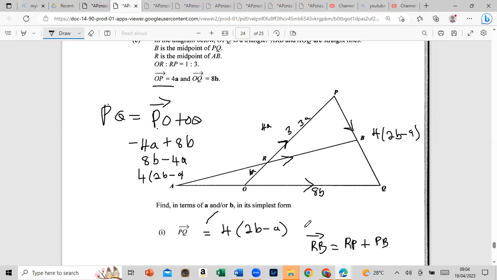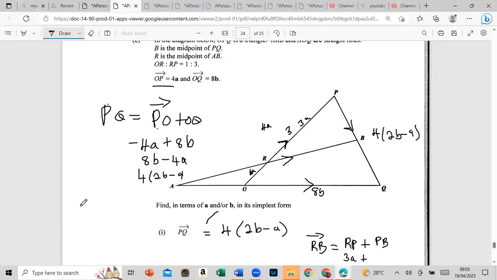Alright, so we know the measurement from R to P is 3a. So let's put that in. So it's 3a. They told us that B is the midpoint of PQ. So we're going with the arrow. What we have to do now is just divide this by 2, and that should give us the answer. We could just leave it over here.